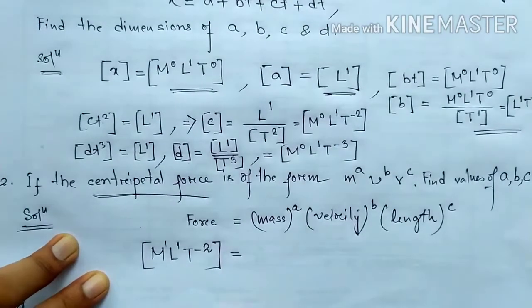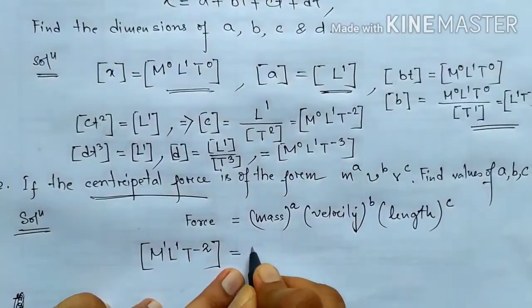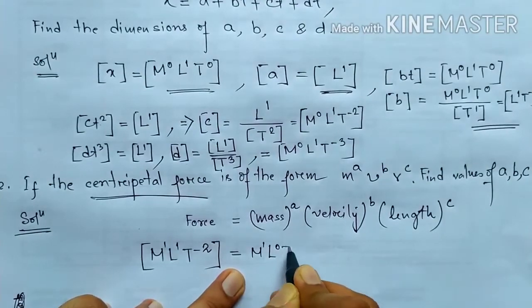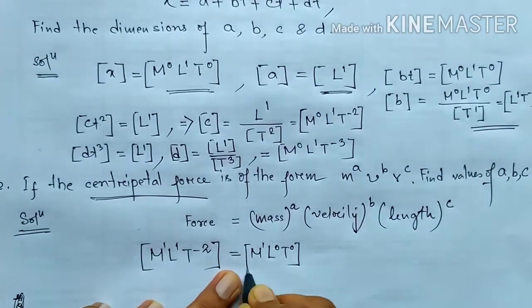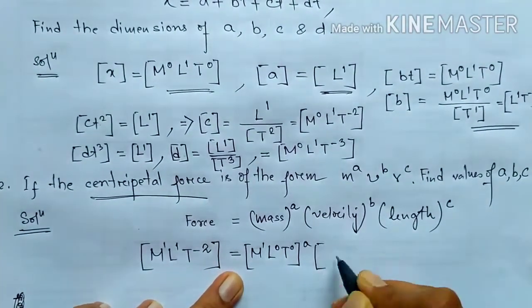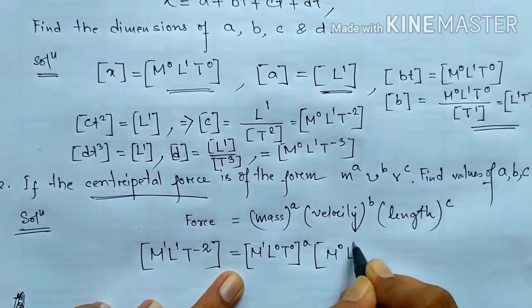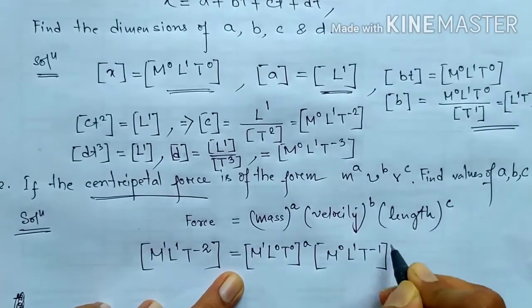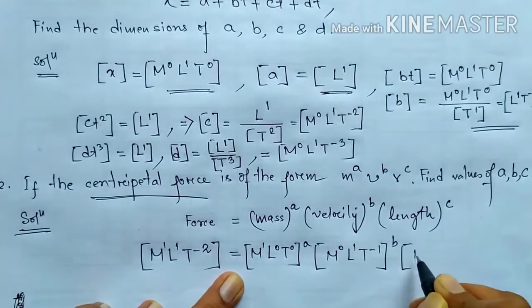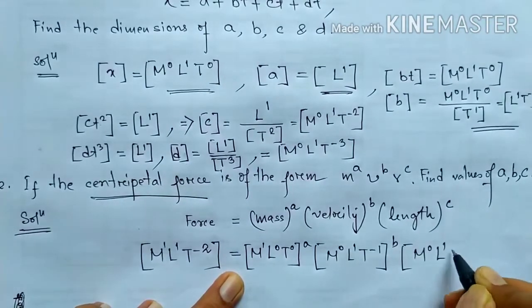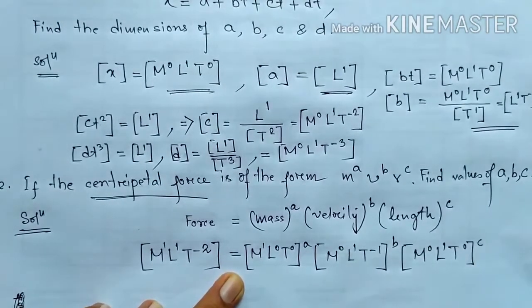That has to be equal to mass, so it is M to the power 1, L to the power 0, T to the power 0, whole to the power a. Velocity, M to the power 0, L to the power 1, T to the power minus 1, whole to the power b. Length, M to the power 0, L to the power 1, T to the power 0, whole to the power c.